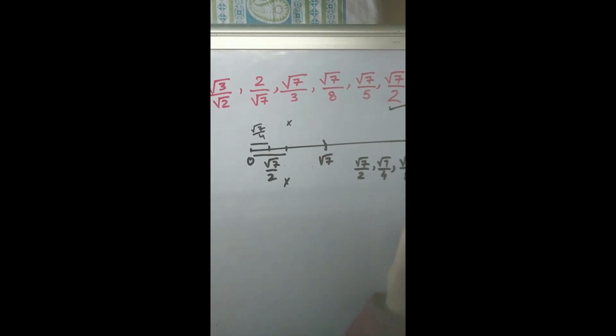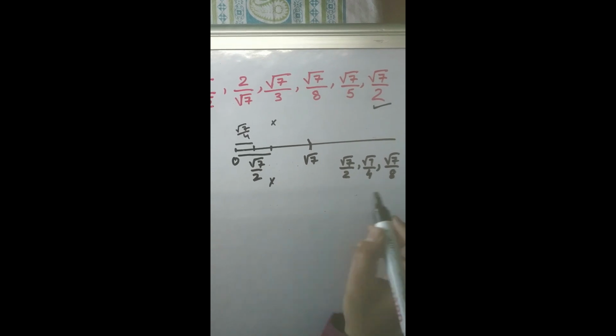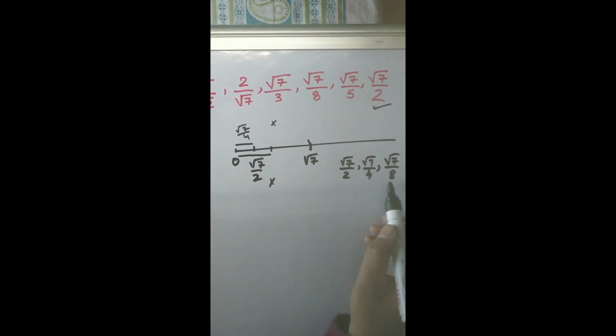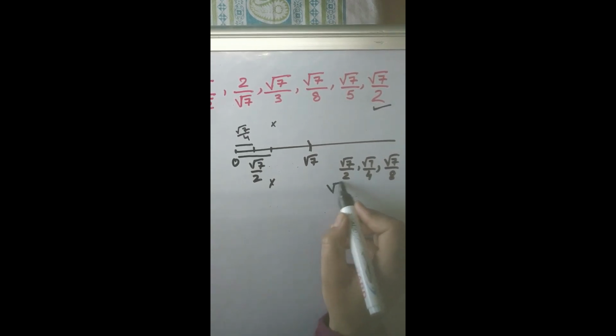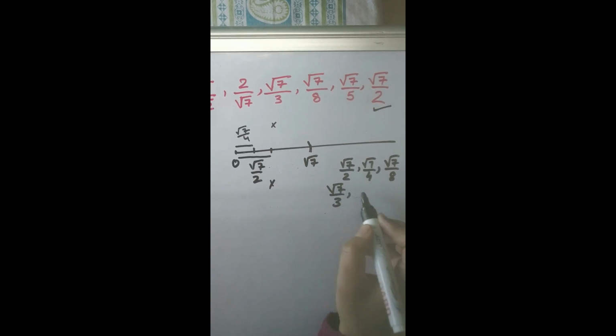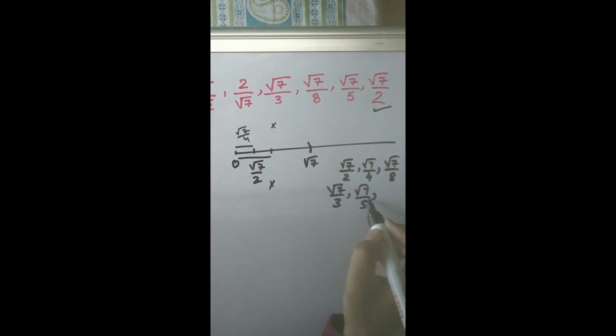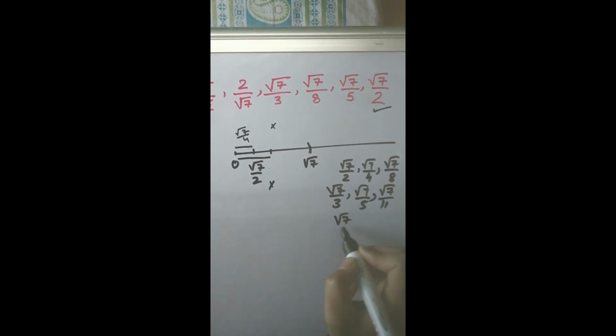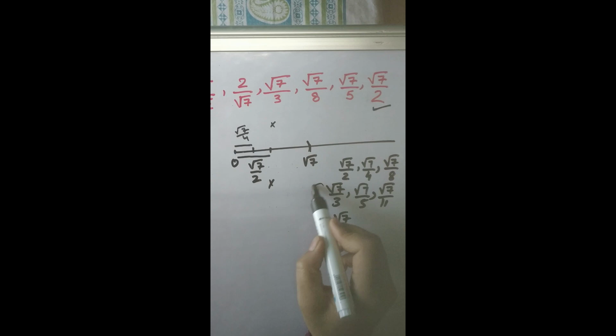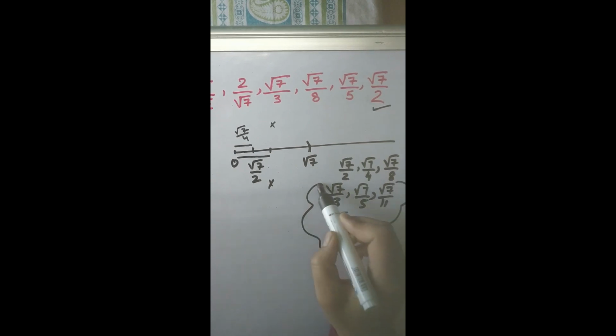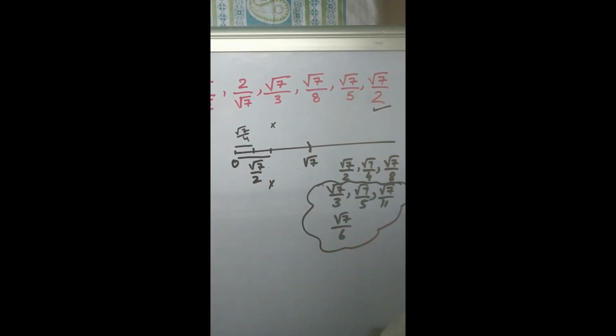We can find all of these, but root 7 over 3, root 7 over 5, root 7 over 11, or root 7 over 6, we haven't learned how to do these till now. Means we cannot take a third part of a line segment, fifth part, 11th part, sixth part, and many more like that.